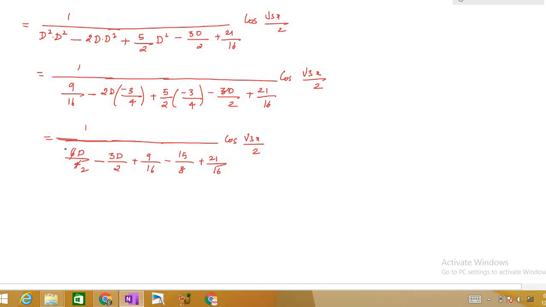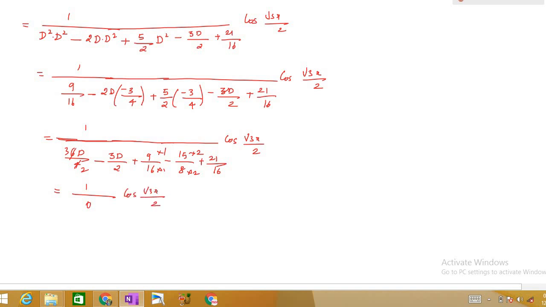So 3D minus 3D by 2 minus 3D by 2 is 0, and we take the LCM for this, so we will have 1 into 1 into 2 into 2. So 9 plus 21 is 30, 30 minus 30, so again it is 0. So you can see this whole term, this denominator becomes 0, into cos root 3x by 2.